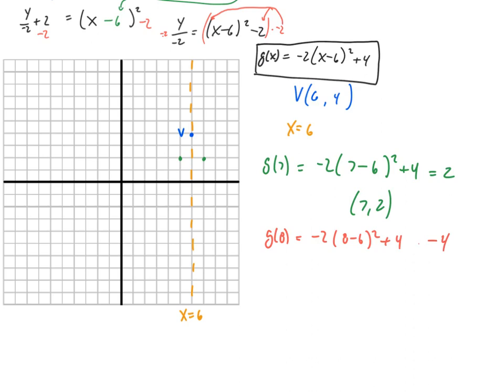And so it gives me 8, -4. It should be down here. Go and reflect that. And we see a pretty good picture of our parabola right there.